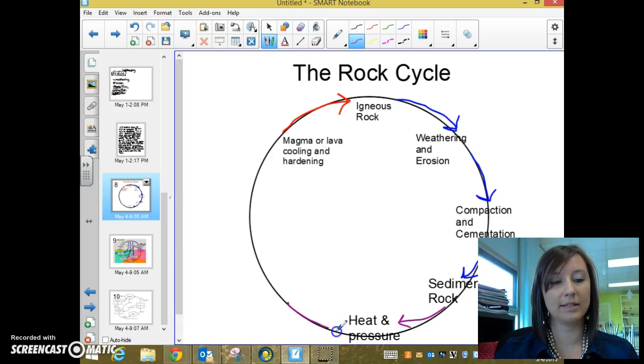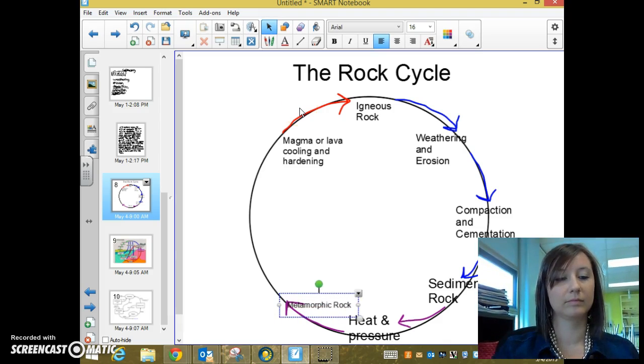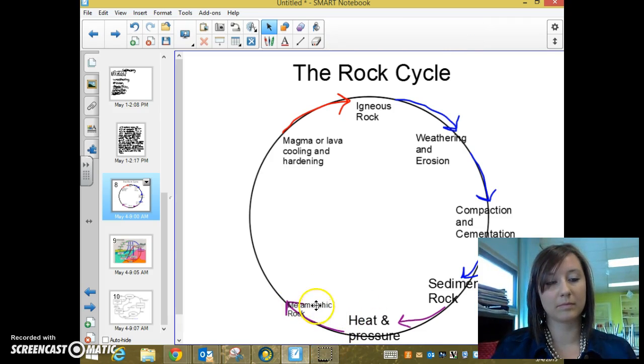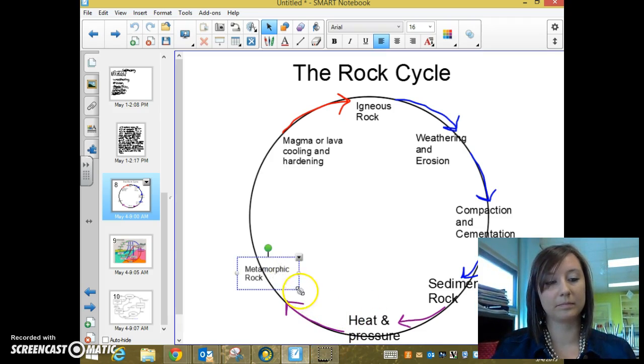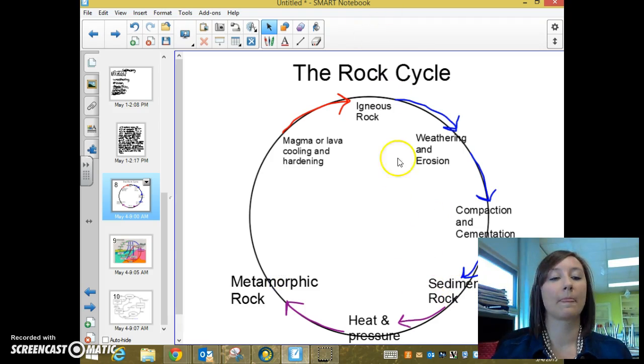That can make that sedimentary rock then into a metamorphic rock. Right here. So there's our metamorphic rock.